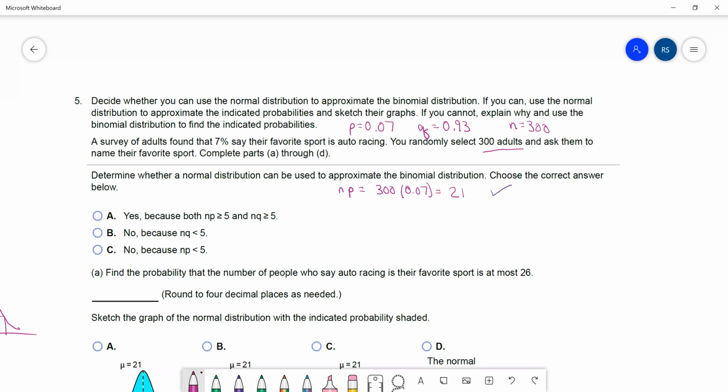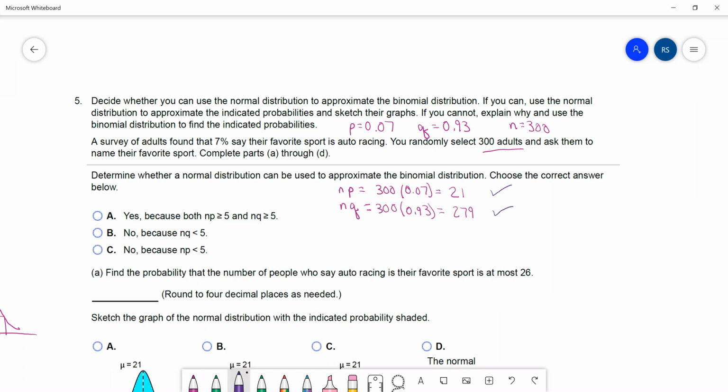Okay, then we have to do n times q to check. So 300 times 0.93. 279. Are we good there?